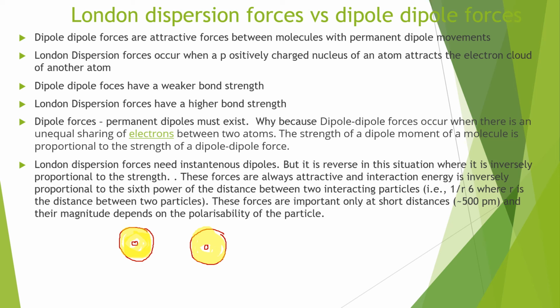Now, one more example. Here he is telling London dispersion forces occur with a positively charged nucleus. Now I will show you. I am drawing another atom like this and one more here.